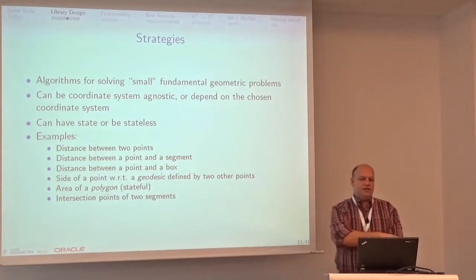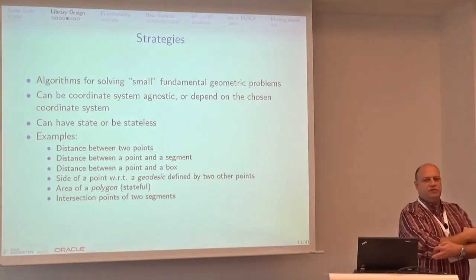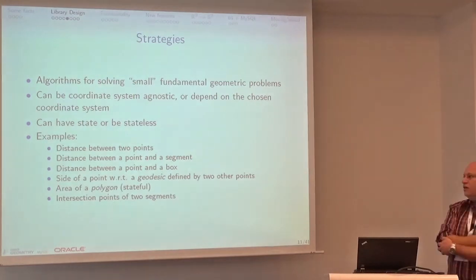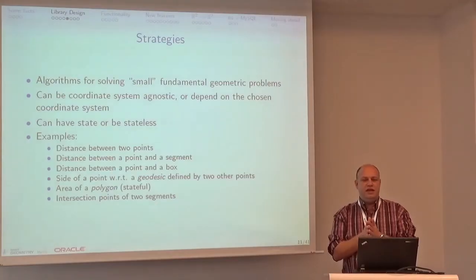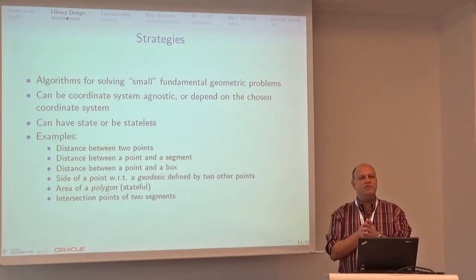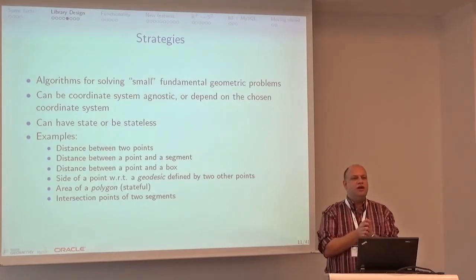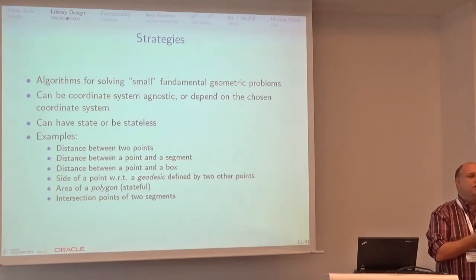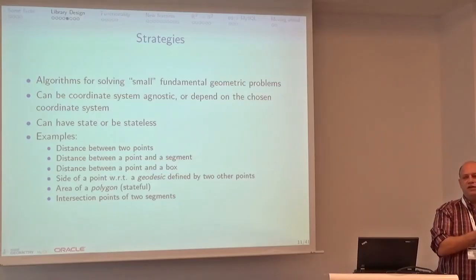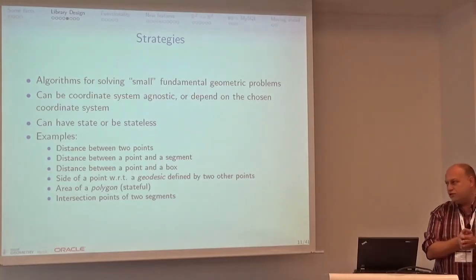Area is an interesting example of a strategy because it's stateful. So basically, an area strategy says that I want to compute the area of a polygon, and how do I do that? I'm going to split somehow the polygon into triangles. So really the strategy computes areas of triangles, whether these triangles, you can think of them as triangles on the Euclidean plane or triangles on the sphere.